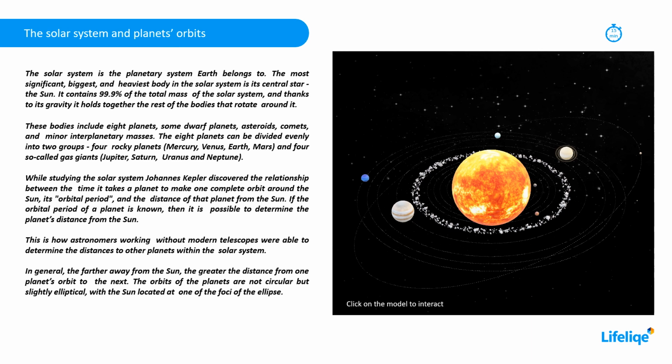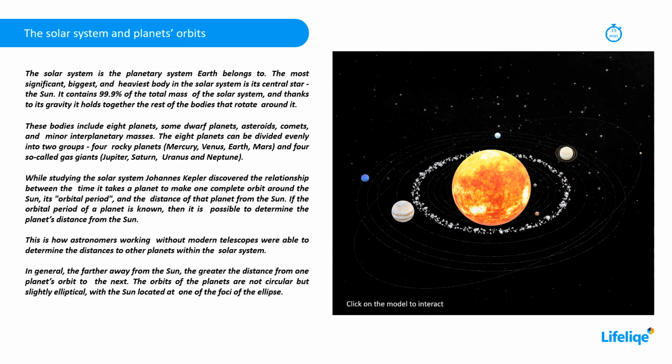It contains 99.9% of the total mass of the solar system, and thanks to its gravity, it holds together the rest of the bodies that rotate around it. These bodies include 8 planets, some dwarf planets, remember that's smaller, asteroids, comets, and minor interplanetary masses.